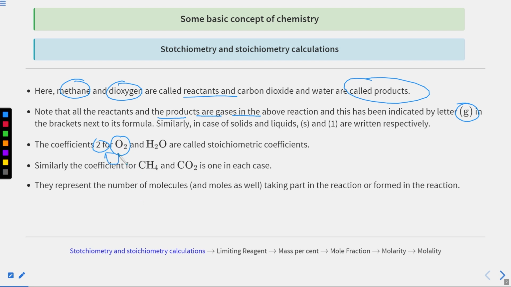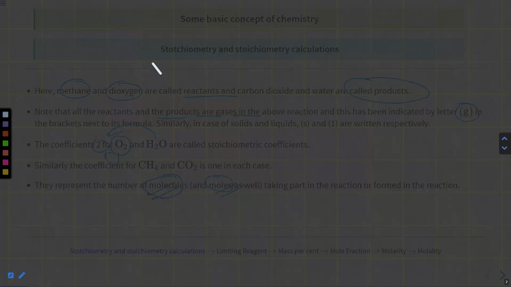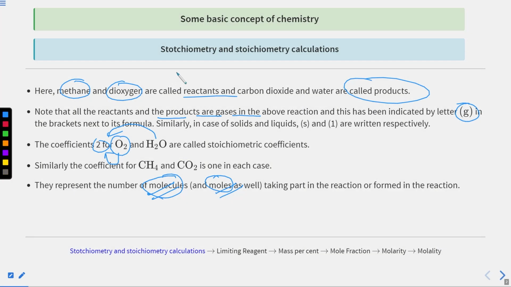Oxygen has a coefficient of 2, H2O has a coefficient of 2, CH4 and CO2 have a coefficient of 1. Now they represent the number of moles, or molecules, both. As I have told you, they can represent either molecules or moles taking part in the reaction.